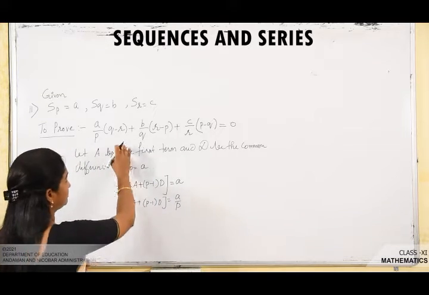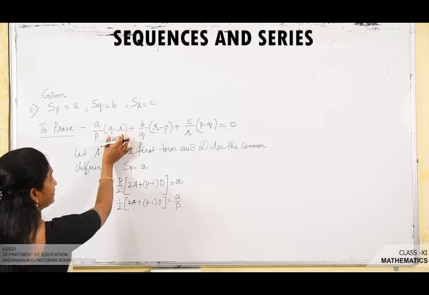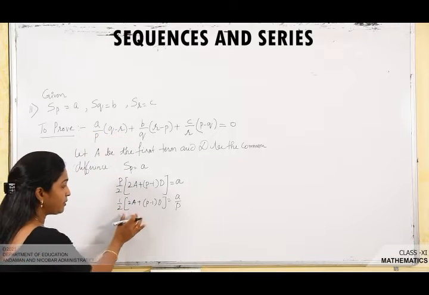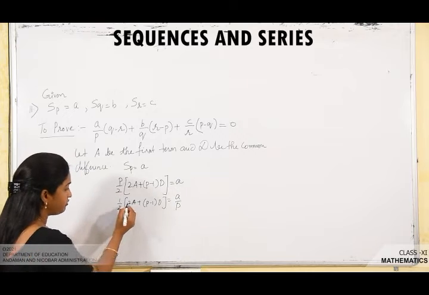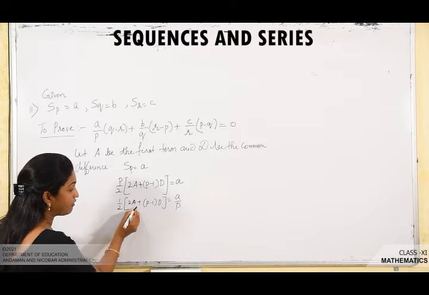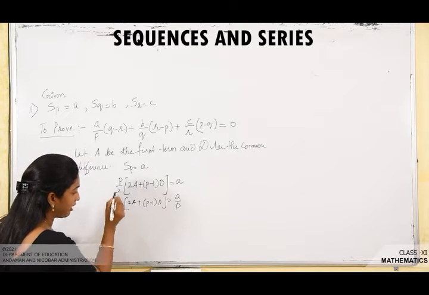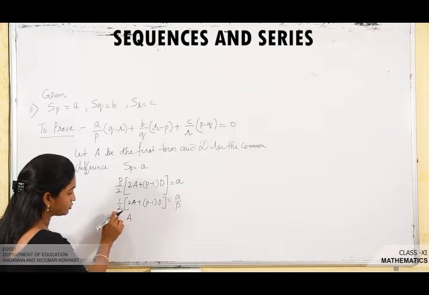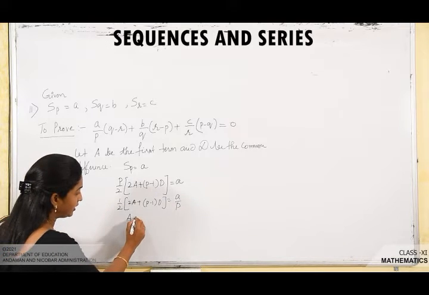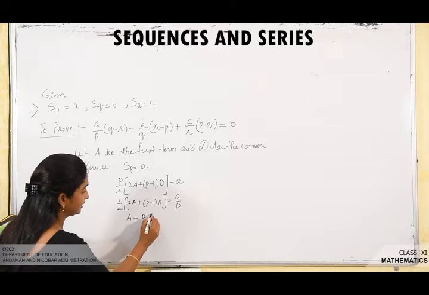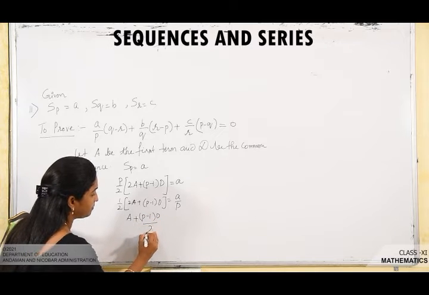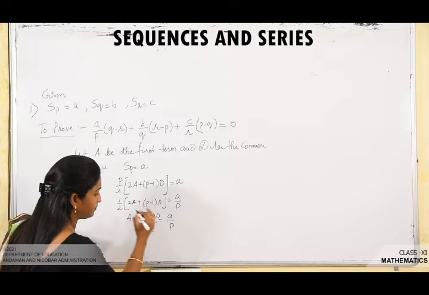So here if you observe, Q minus R is multiplied with AP. So first of all I am multiplying half inside. So when you multiply half inside, you are going to get capital A, because 2 gets cancelled out, and here you are getting P minus 1 into D by 2 is equal to A by P.